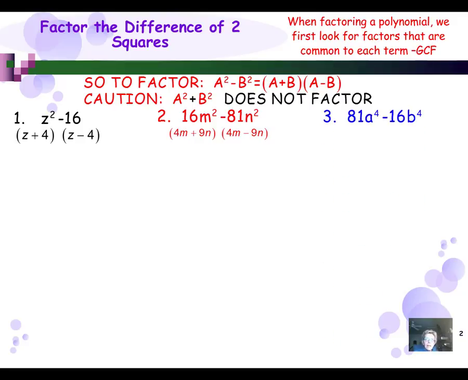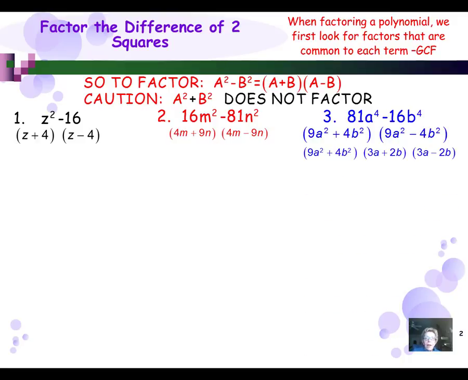In the last example here, number 3, I have 81a to the 4th minus 16b to the 4th. That will factor into 9a squared plus 4b squared times the quantity of 9a squared minus 4b squared. And the only thing different there is you can actually refactor the last set of parentheses.